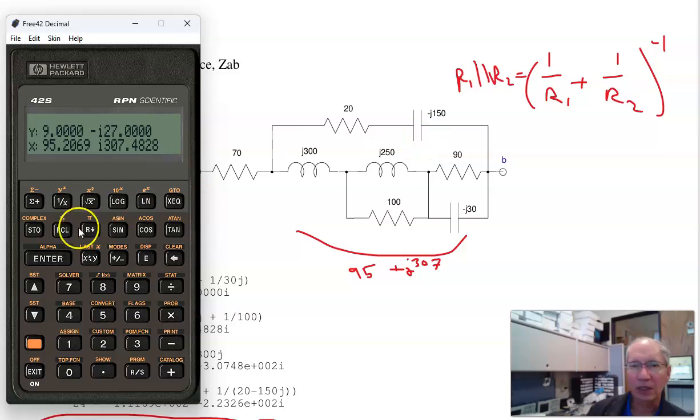In parallel we take the inverse, 20, enter negative 150, complex, take its inverse, add inverse, add 70, and poof, there's your answer, 181 minus j223.